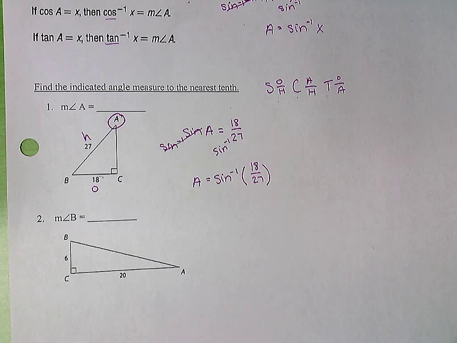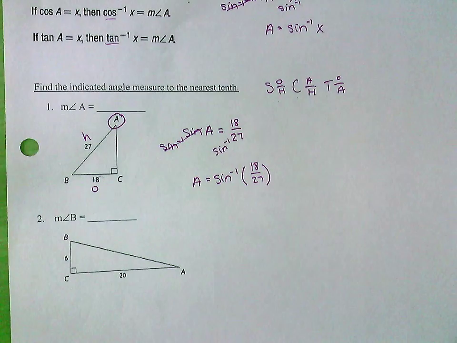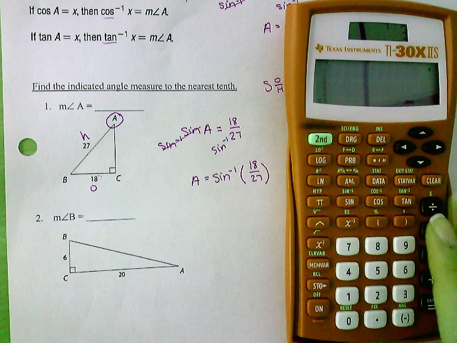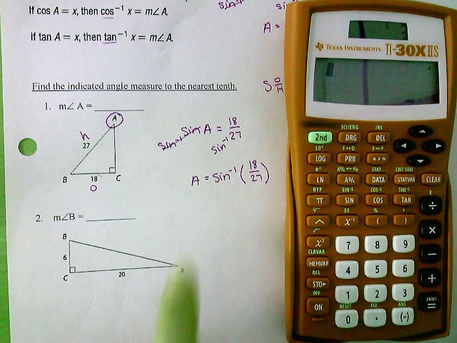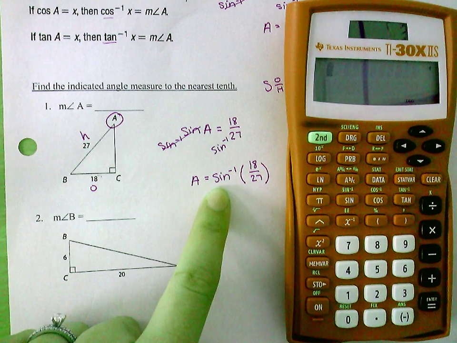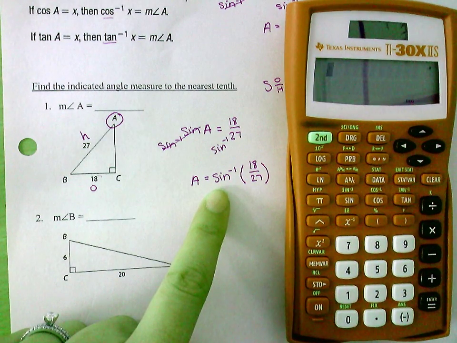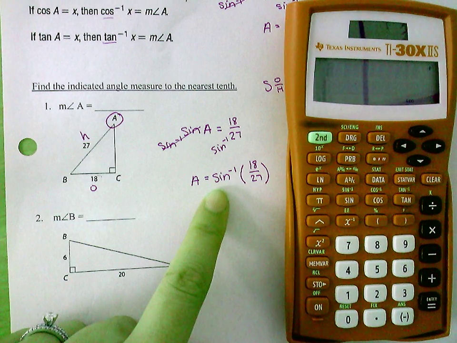Now you can enter this into your calculator. So again, take out your calculator. Can you see my calculator okay? We're taking sine inverse. Like I said at the top, you're going to use the second or shift key on your calculator.